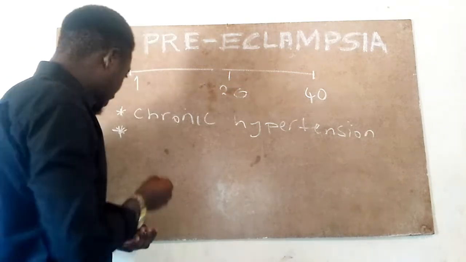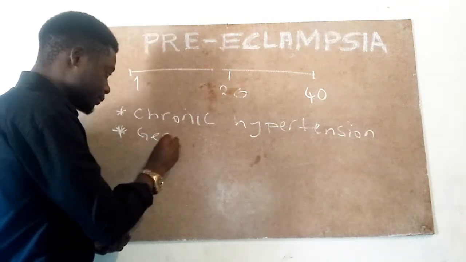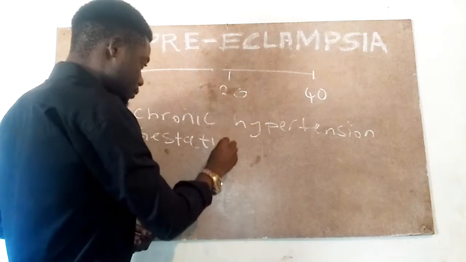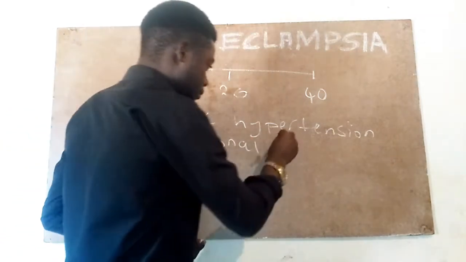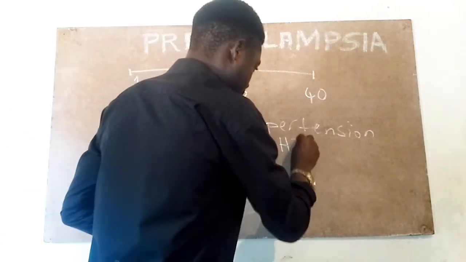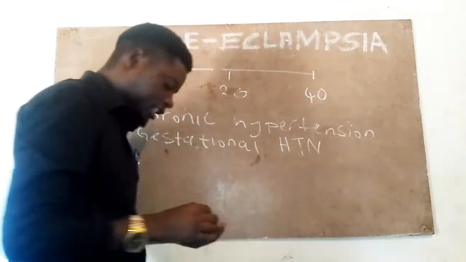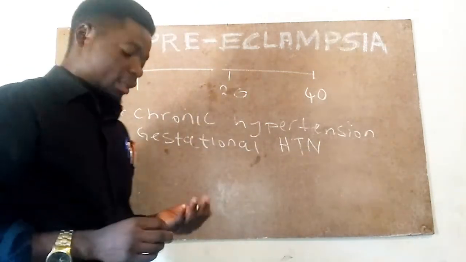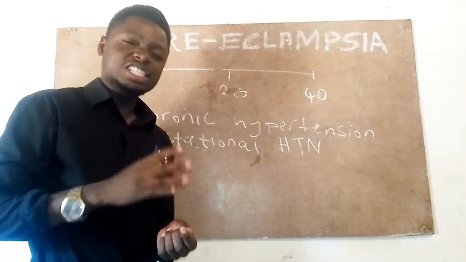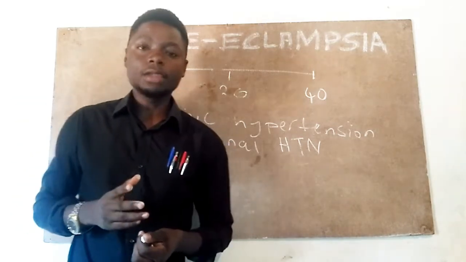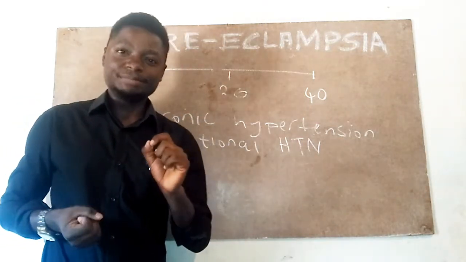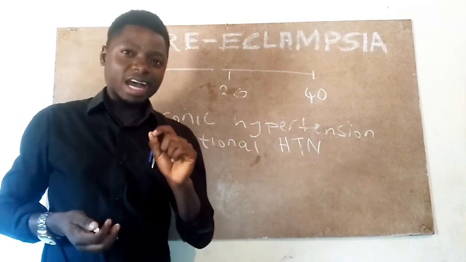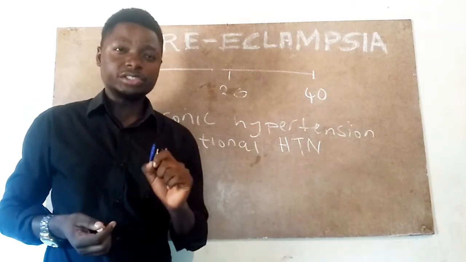And the other one is gestational hypertension. Now, gestational hypertension is also called pregnancy-induced hypertension. And this type of hypertension will only occur after 20 weeks of gestation.